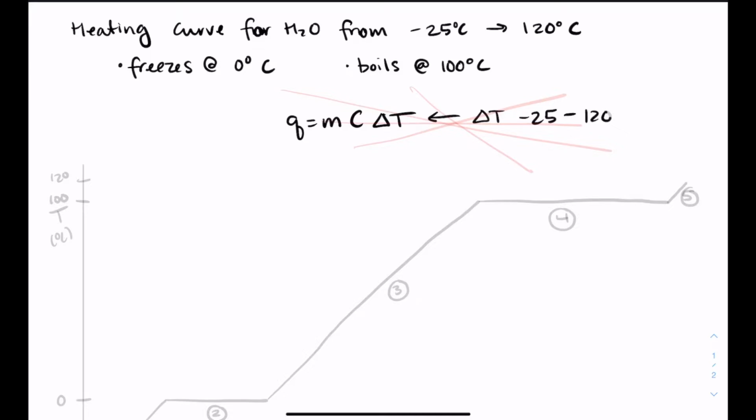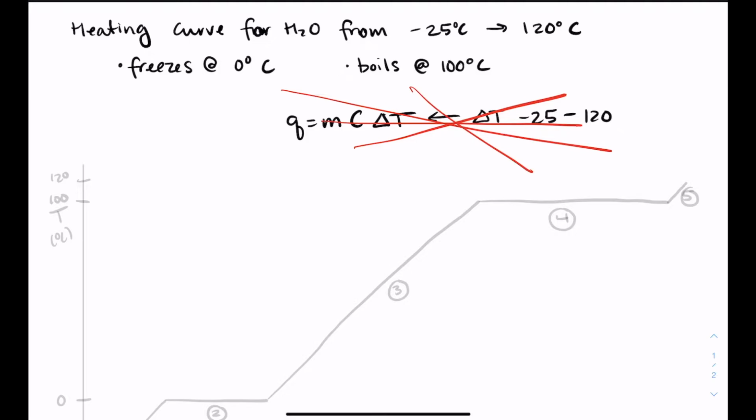You could do it for any substance as long as you have all of the constants, including what temperature it freezes and boils at. So water freezes at 0 degrees Celsius, boils at 100 degrees Celsius. So if we're going negative 25 to 120, we are starting as a solid, turning it into a liquid, and turning it into a gas.